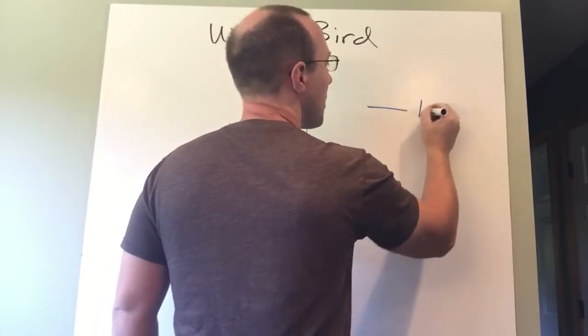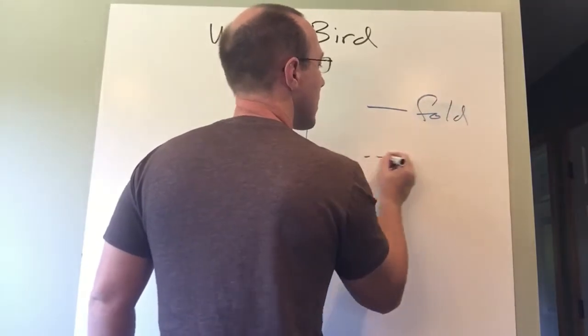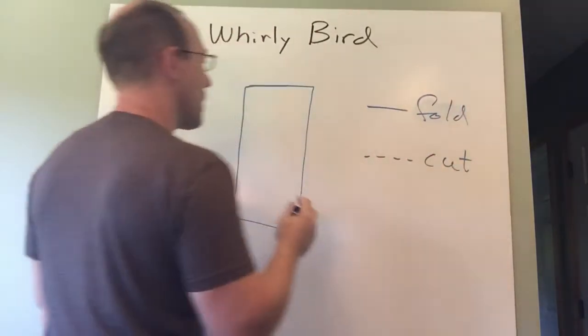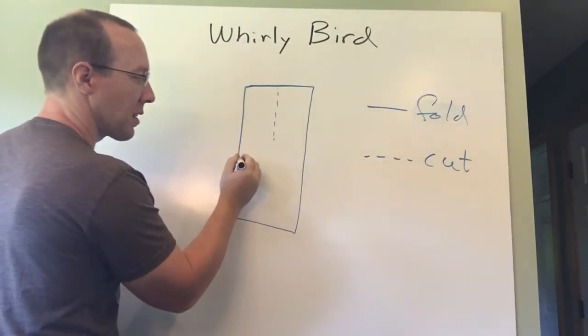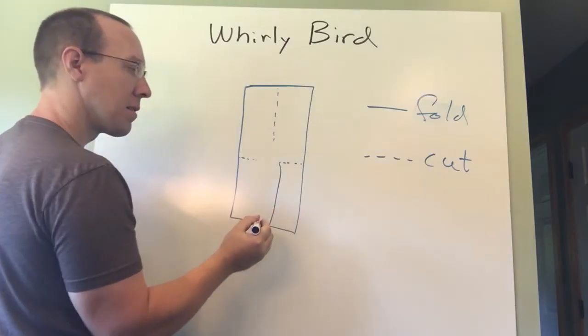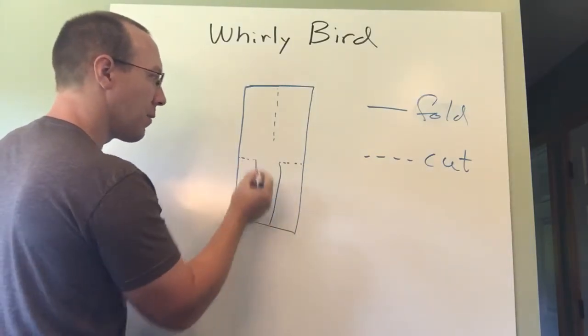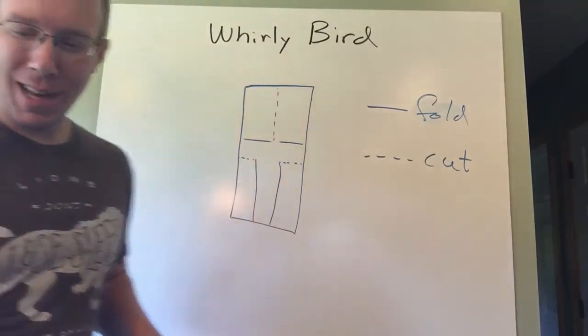This is a fold. And this will be a cut. So we're going to cut, and then you're going to leave some space, and you're going to cut, and cut, fold, fold, fold, fold. Like, what in the world is that?